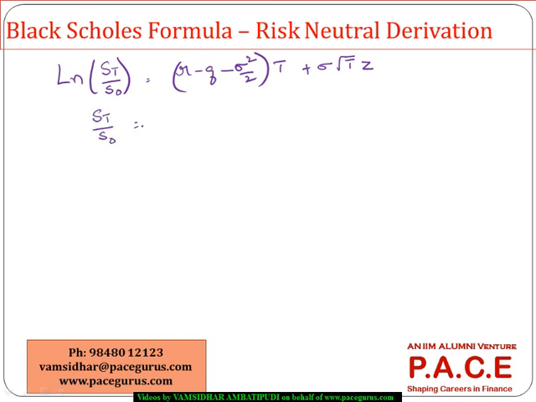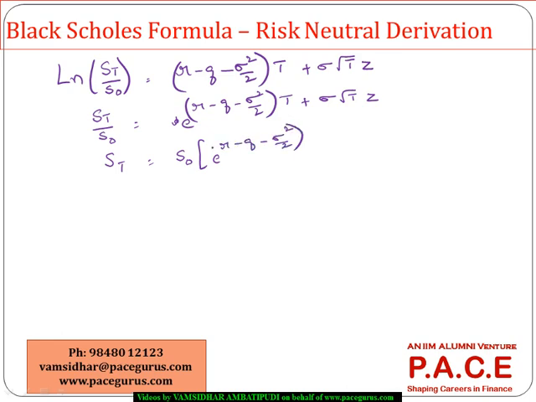ST by S0 will become e to the power of (r minus q minus sigma squared by 2) times T plus sigma root T times Z. So ST comes out as S0 times e to the power of (r minus q minus sigma squared by 2) times T plus sigma root T times Z. This is the expression for ST.